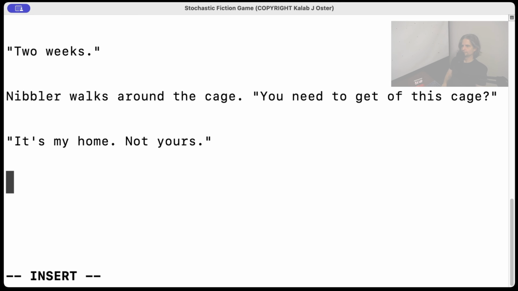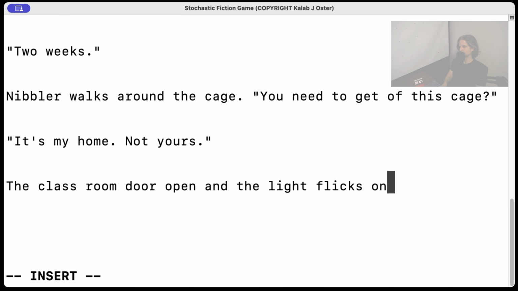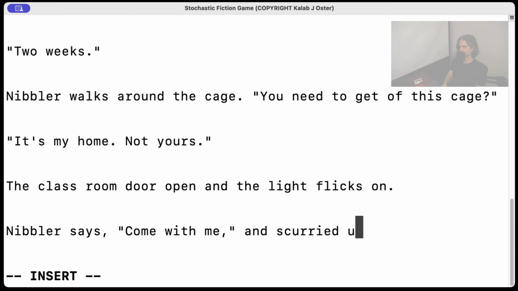The classroom door opens. And the light flicks on. Nibbler says, "Come with me." And scurried, said, flicked on, flickered on.